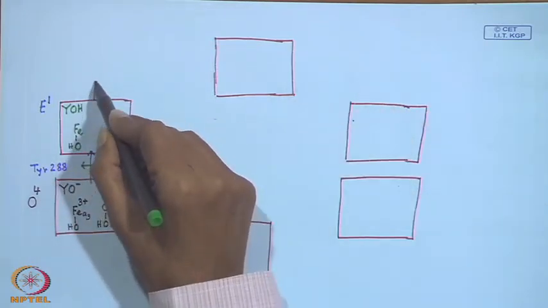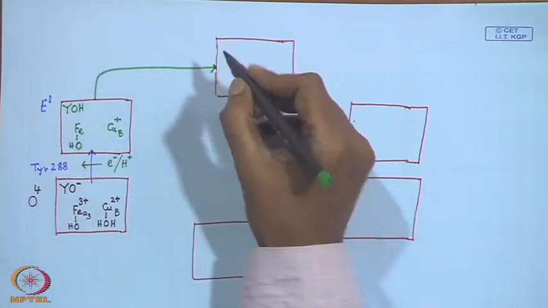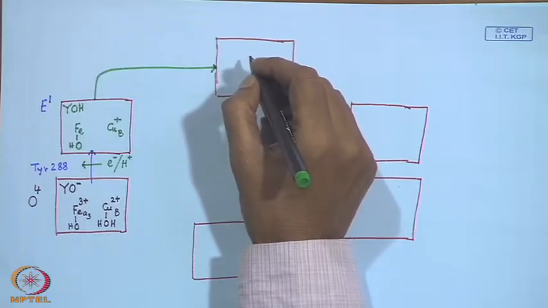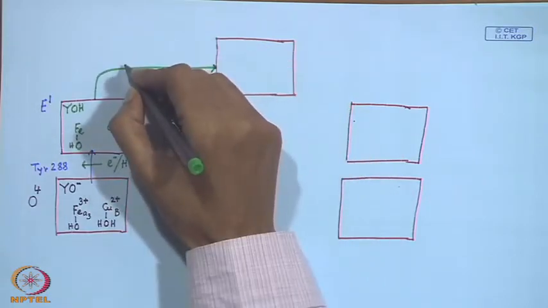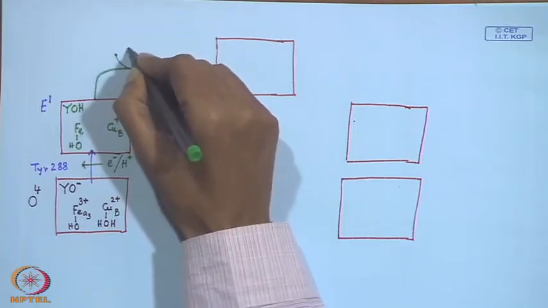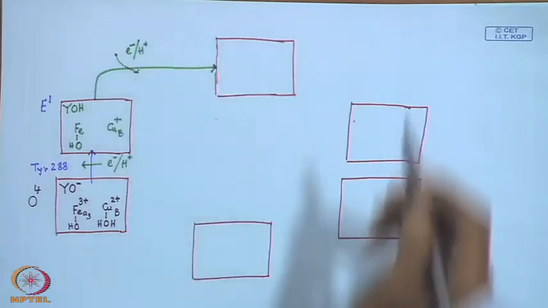Then we move on, and in this particular case you get the corresponding electron transfer again, E minus and H plus.